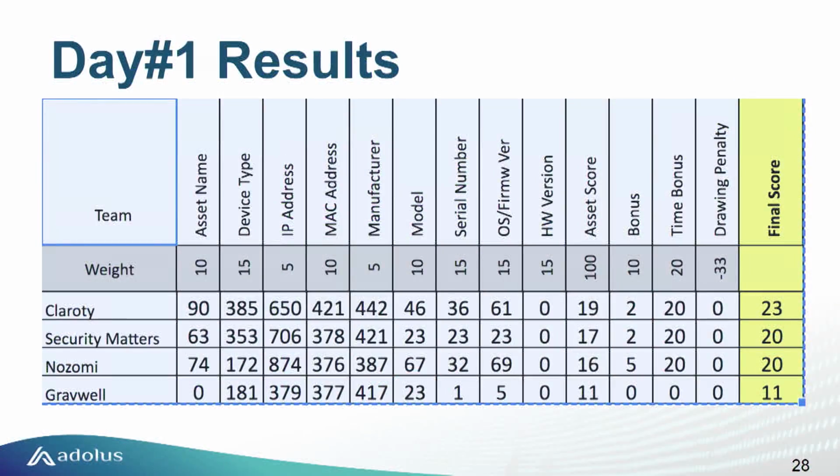So this is the summary scorecard. You can see here that we scored them on the ability to identify the asset name, the tag name of the device, if it was in the PCAP. The device type, characterizing the device type by whether it was a PLC, an HMI, a protocol converter, and so on. Obviously the IP address, the MAC address, the manufacturer, model, serial number, the OS or the hardware version, if that was available.